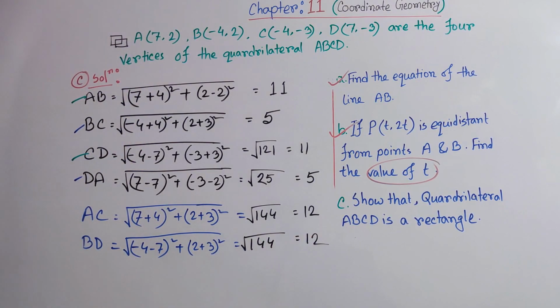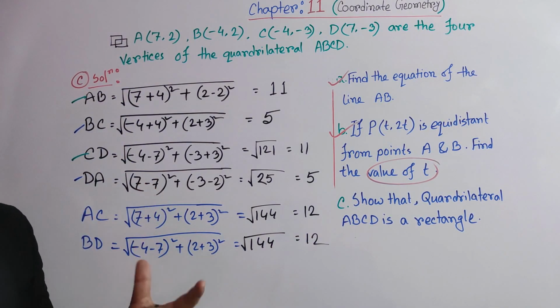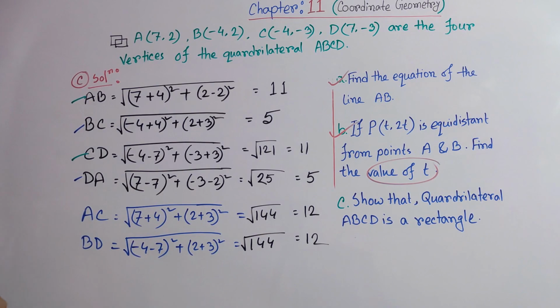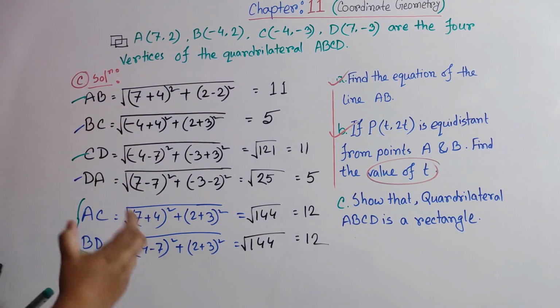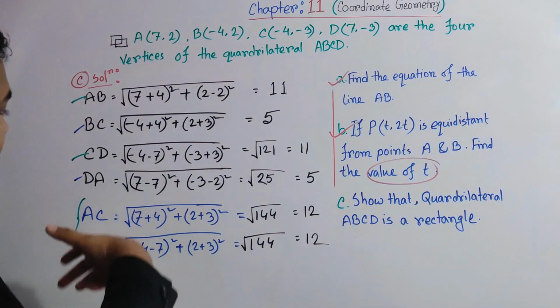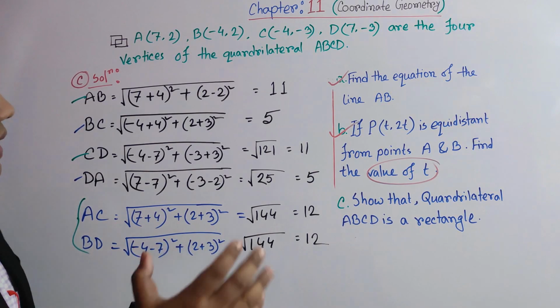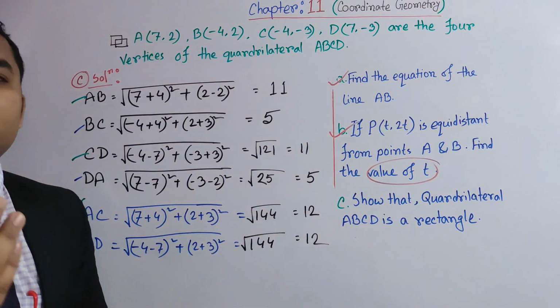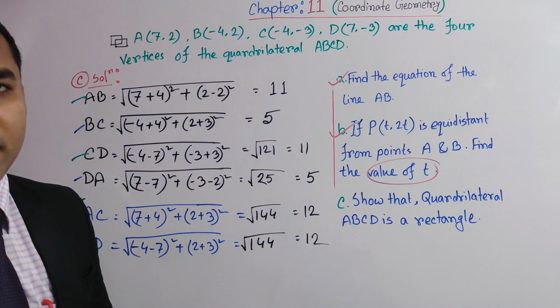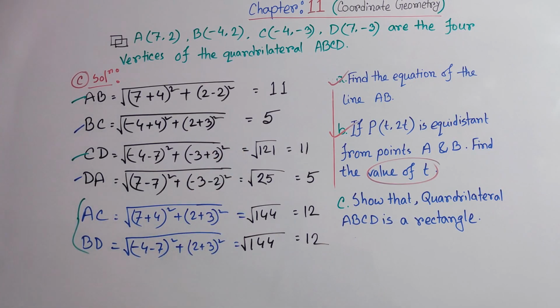So we have seen that yes, exactly these two diagonals are also equal. Since one pair of distances, two pairs of distances and the diagonals are equal, then this quadrilateral is nothing but a rectangle. That's how we can solve this question very easily.